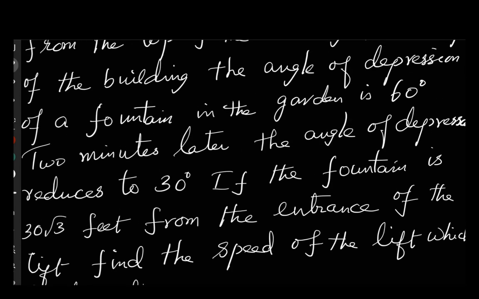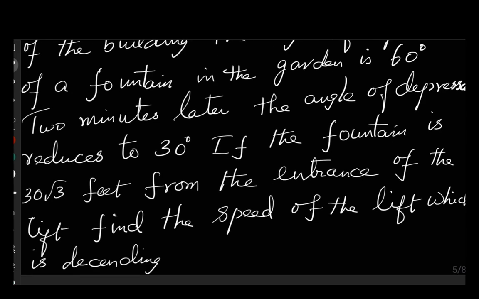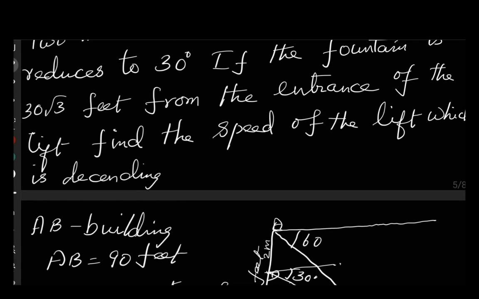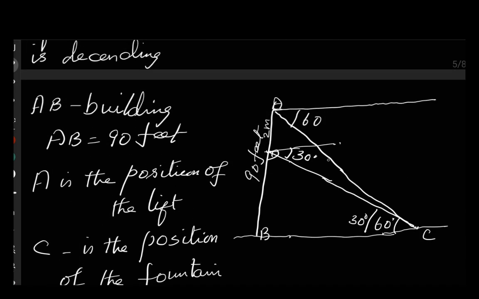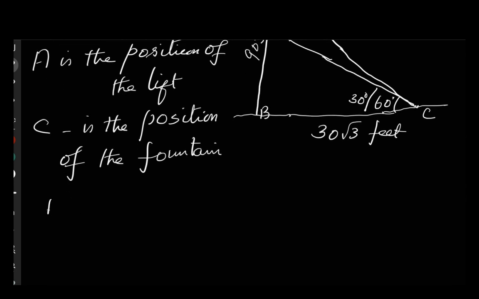And one more measurement. Just look here. The fountain is 30√3 feet from the entrance of the lift. The distance between the entrance of the lift and the fountain is 30√3 feet. This is very important. So BC is equal to 30√3 feet.